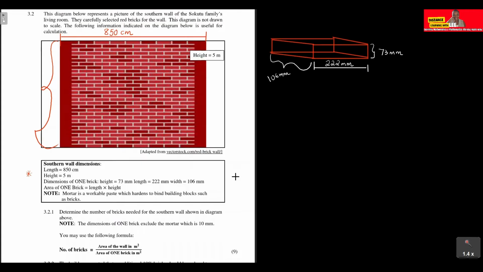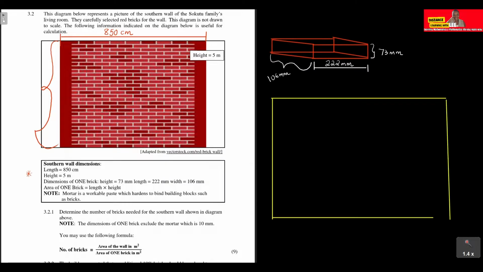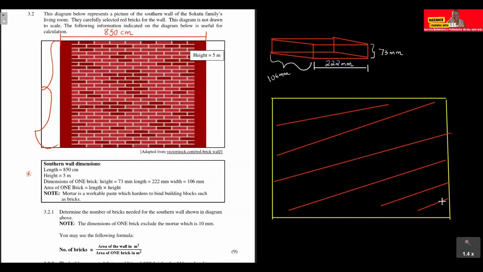And then we are also told that we want to determine the number of bricks that are needed for the southern wall shown in the diagram. So if this is my southern wall, how many bricks can I fit into this area of the southern wall? How many bricks can I fit in there?